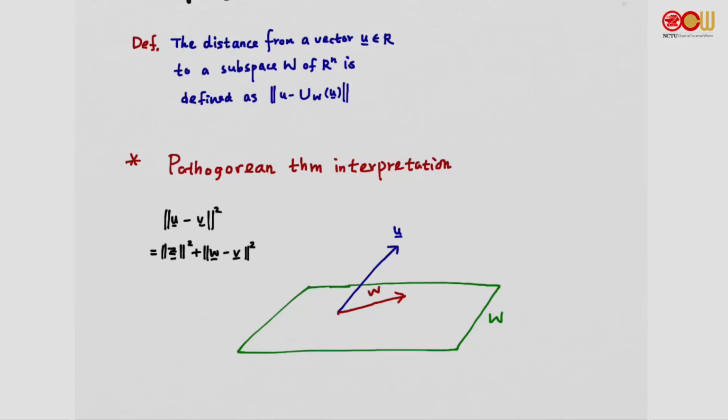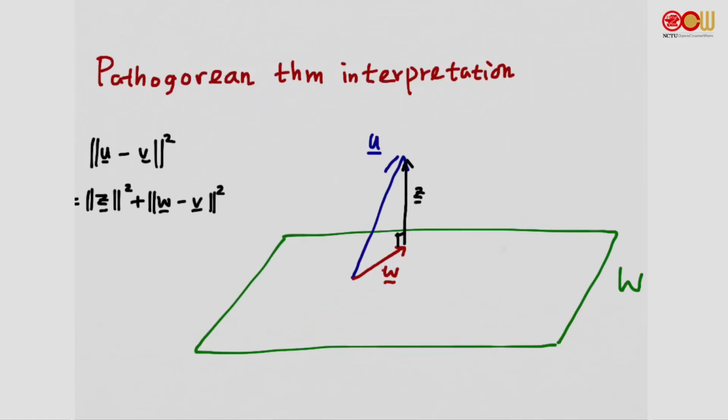And this is the z vector. v is another vector on W. And this is the distance between u and v, which would be u minus v.